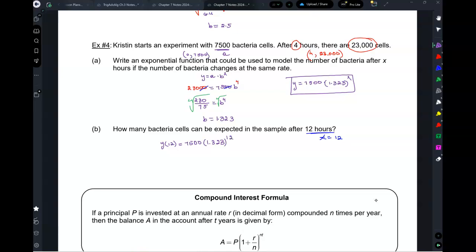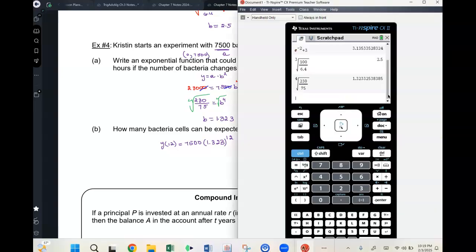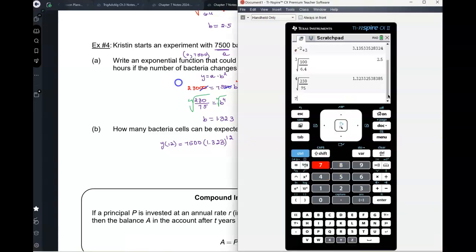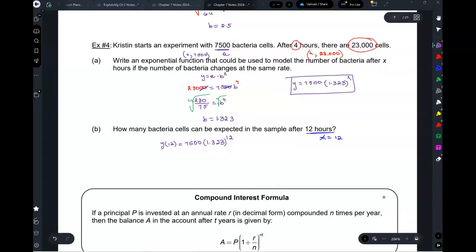Now, we are not going to round this in the calculation. We're going to do 7,500 times the answer, press answer, to the power of 12, right? So we get, how much is it? 216,302.2.